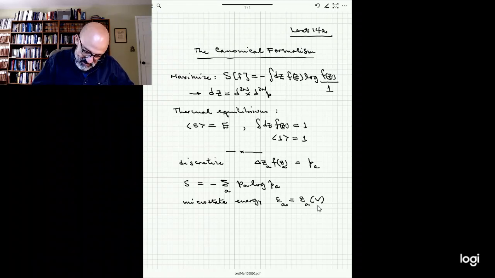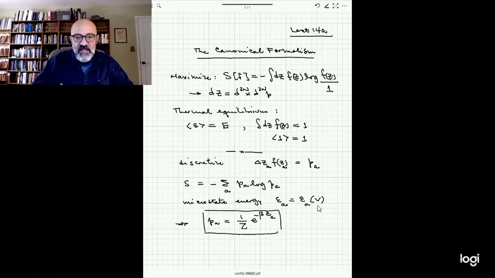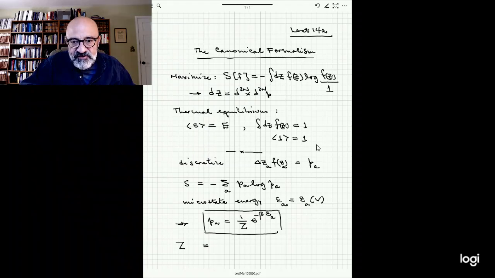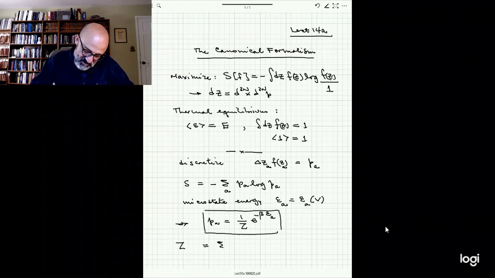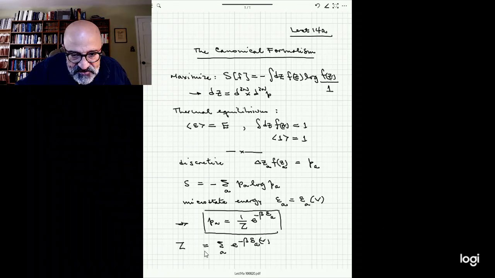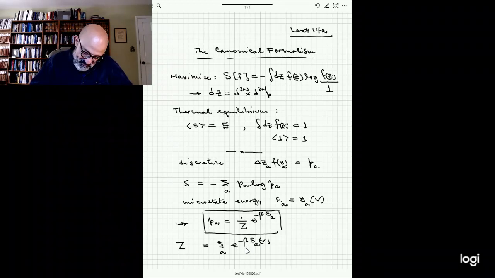So when we maximize, what we obtain is the Gibbs distribution, where the Lagrange multipliers associated to the normalization condition can all be brought together into the partition function, and that's going to be something like this, which shows that the partition function is a function of the Lagrange multipliers and the external parameters that may appear in the energy.